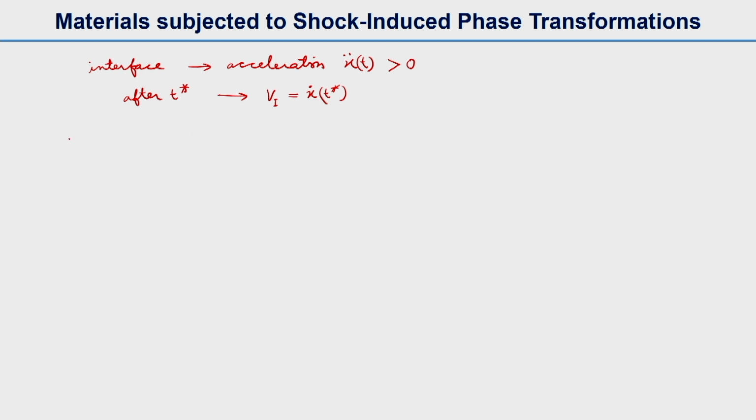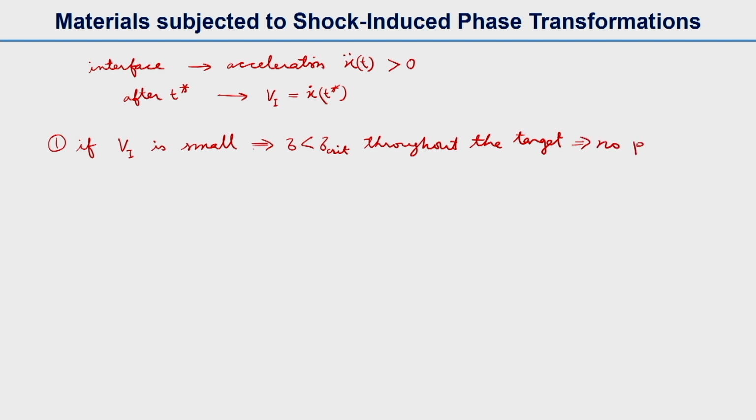For we have, let us say, 3 cases here. If Vi is small, or we can call it sufficiently small, then this means sigma is smaller than a critical value, sigma critical, throughout the target, and that means no phase transformation.